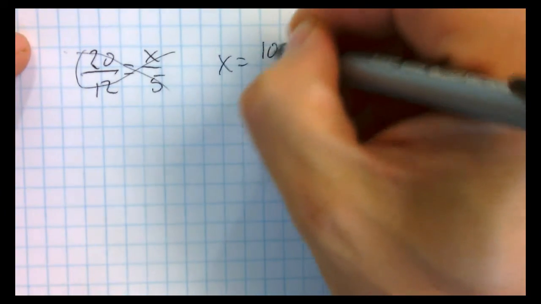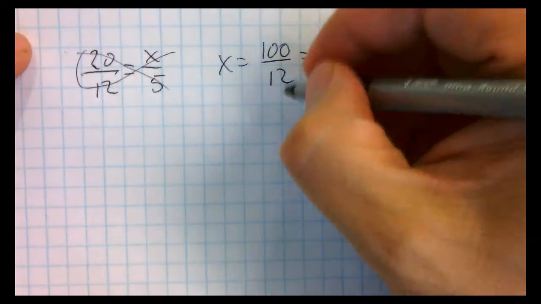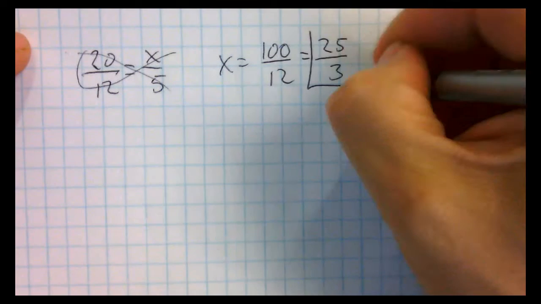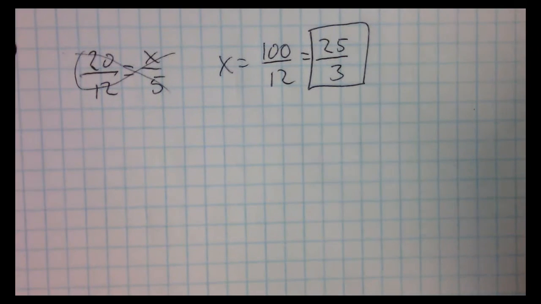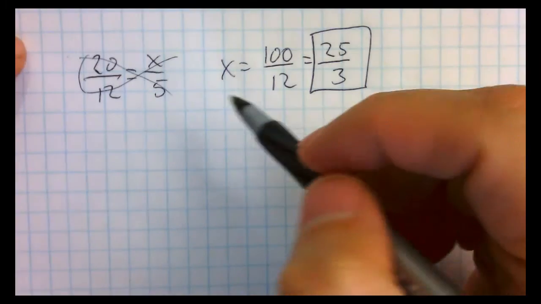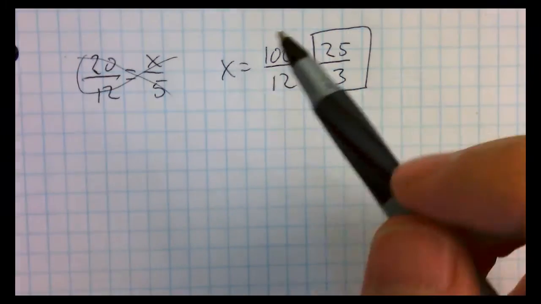So x equals 100 over 12. That doesn't go in evenly, but 4 goes into both of those. So that's 25 over 3, or 8 1/3. It really doesn't matter what form you put that in. 8.3 repeating, totally fine. The important thing is that you know that to solve these, you can just do the fish method, or you cross multiply.